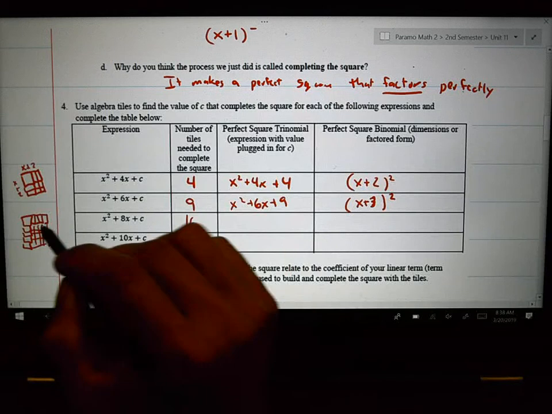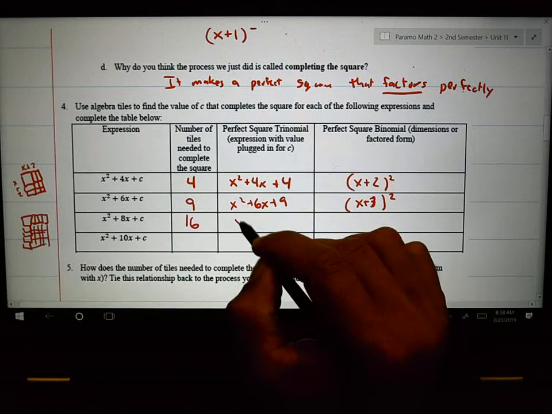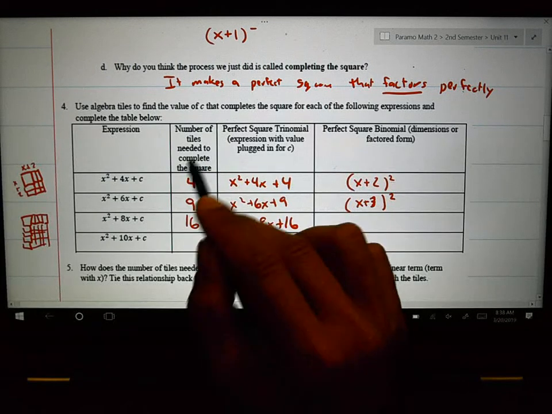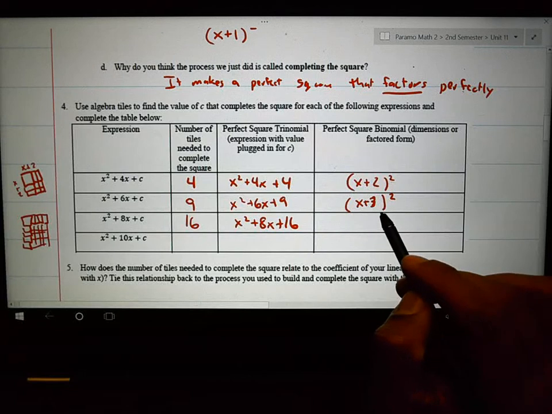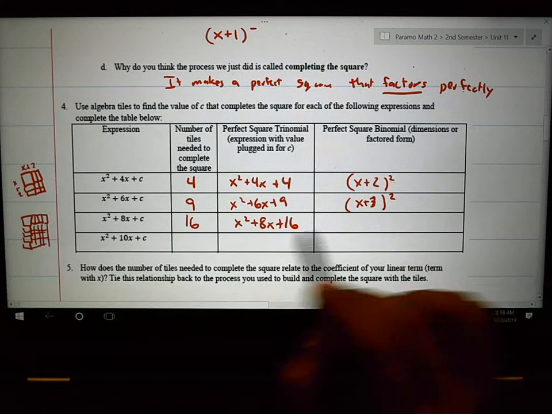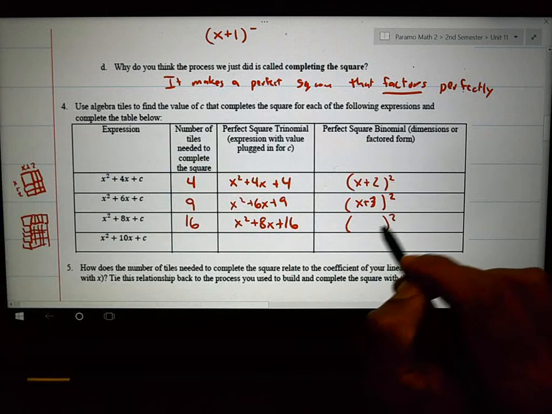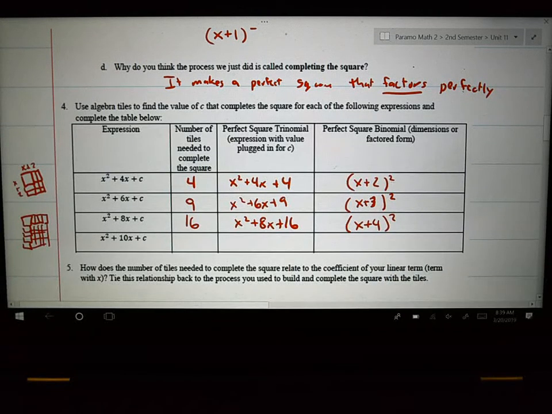You have a 4 times 4. 16, x squared plus 8x plus 16. Figuring this out here is going to make 11.1 so much easier, by the way. What does it factor to? x plus 4, not 4x, x plus 4 units on each side.